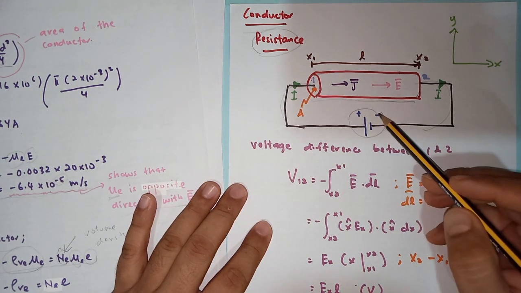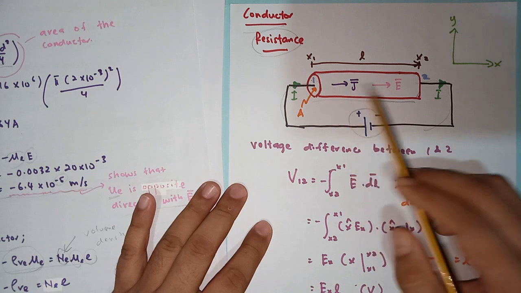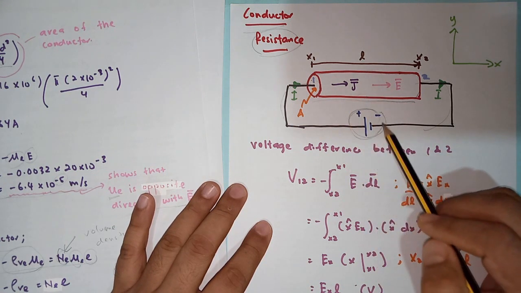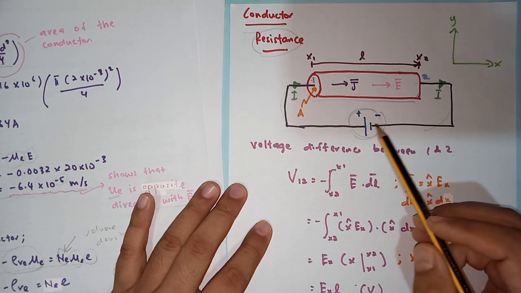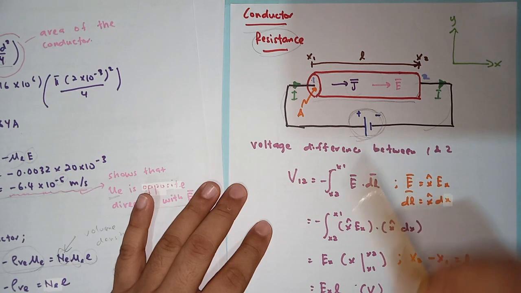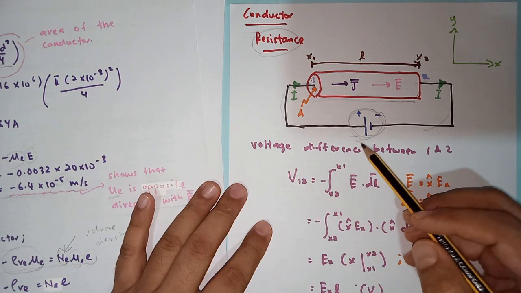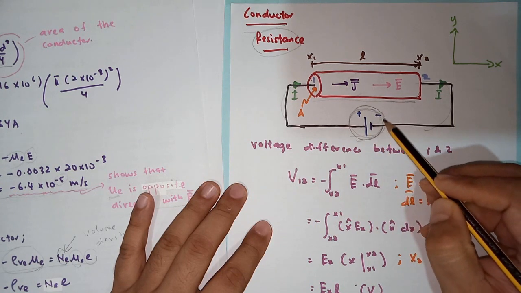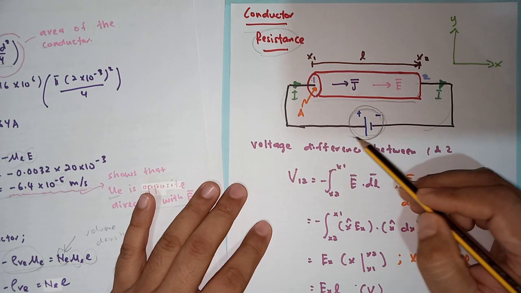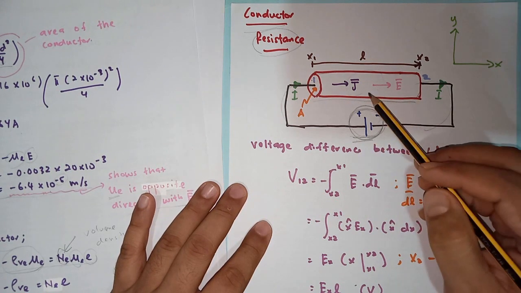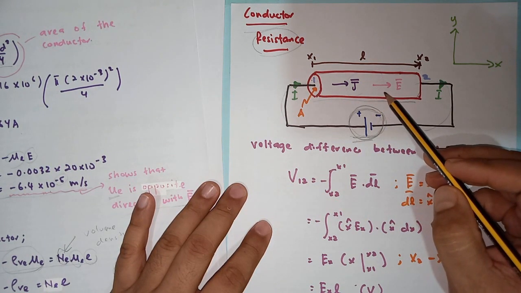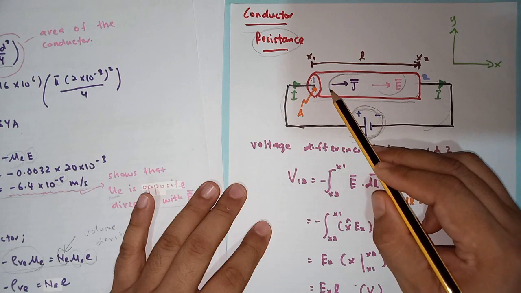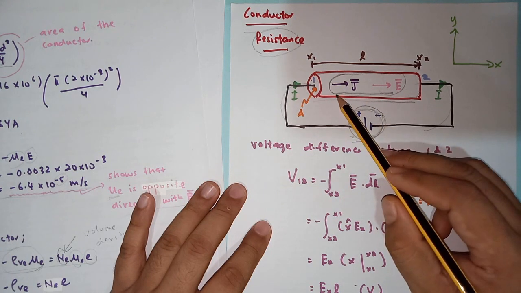In this case, we assume that we connect this conductor with a battery, and the polarity is as shown in this figure. By connecting the conductor to this battery in this particular polarity, we will have the direction for the electric field and the conducting current as shown here.